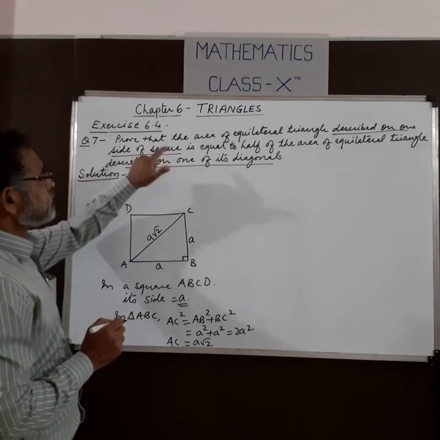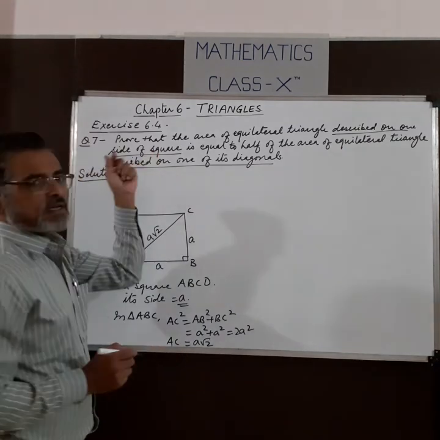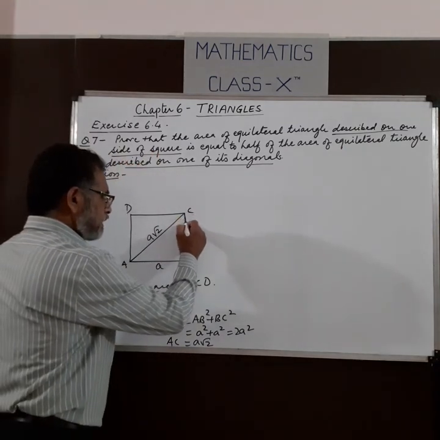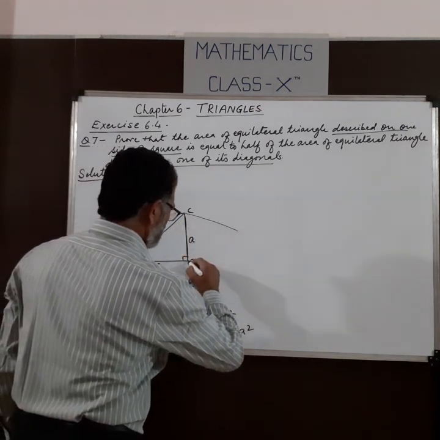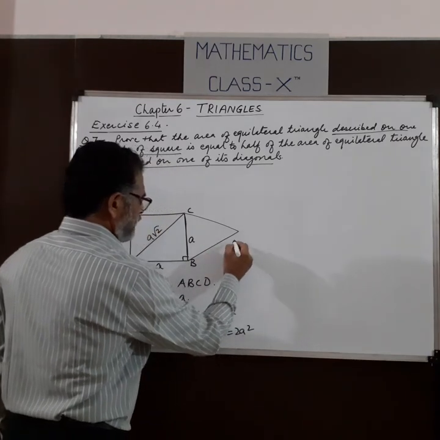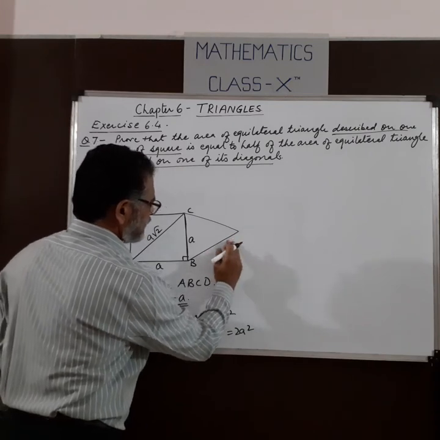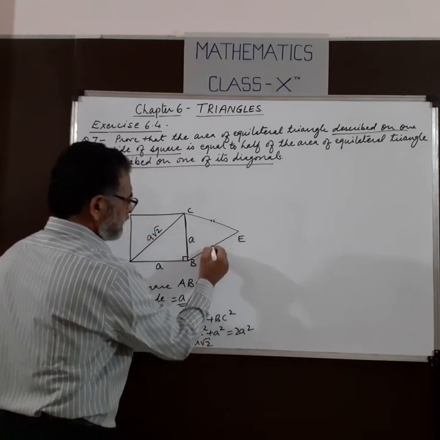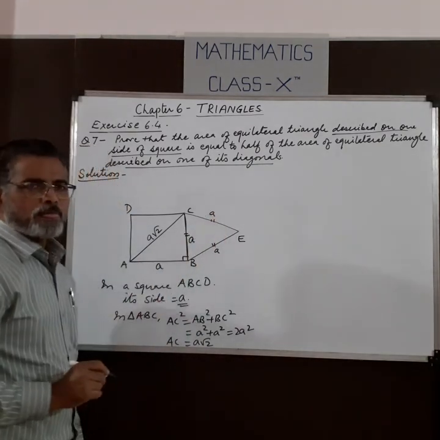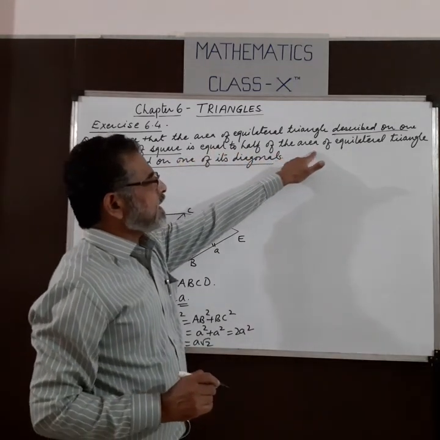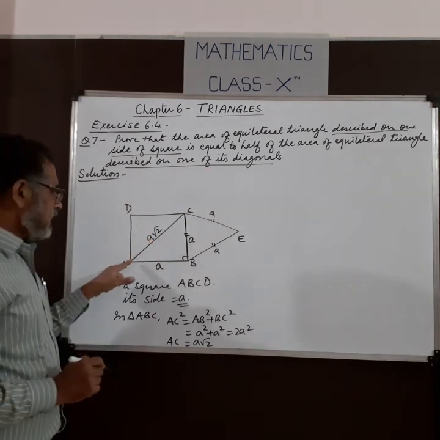Now what is given? Area of an equilateral triangle described on one side of a square. On this side whose length is A, we draw an equilateral triangle, suppose BEC. It is an equilateral triangle whose side is A, and its area is equal to half of the area of the equilateral triangle described on one of its diagonals.